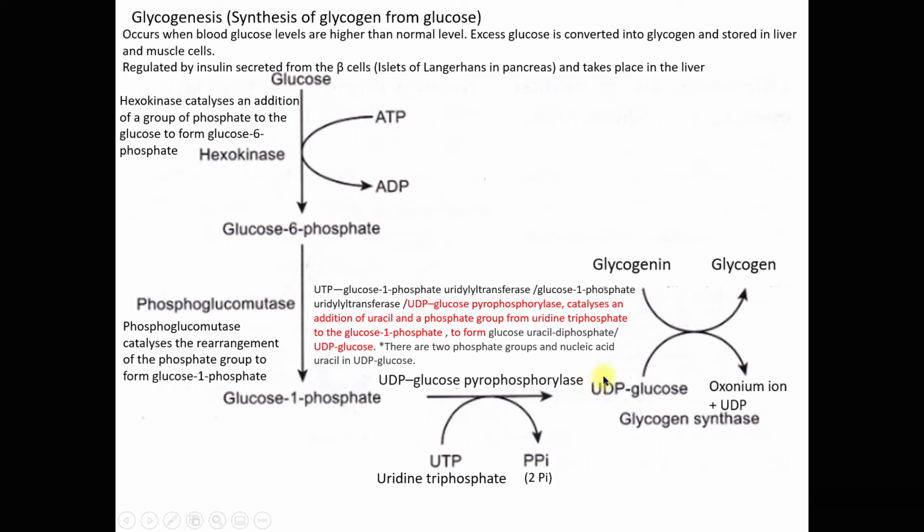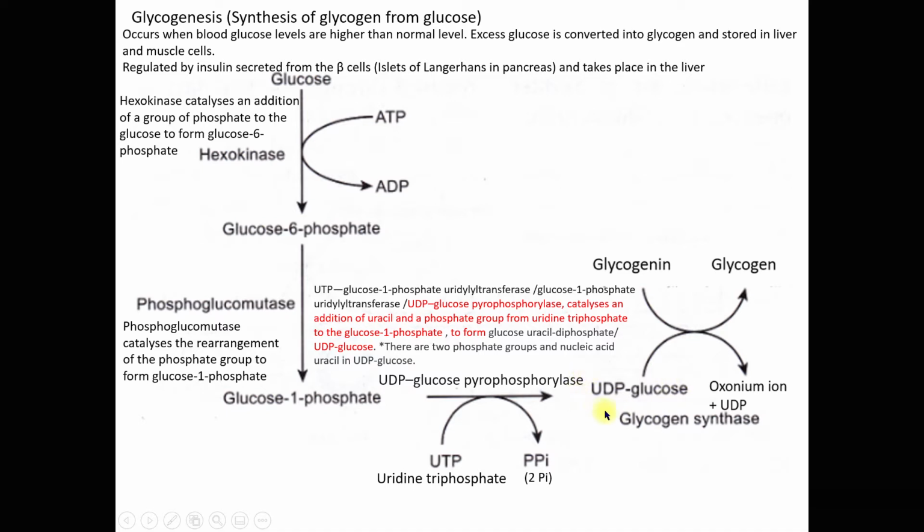Let me rephrase. UDP glucose phosphorylase catalyzes the addition of uracil and a phosphate group from the uridine triphosphate into the glucose 1-phosphate to form UDP glucose.